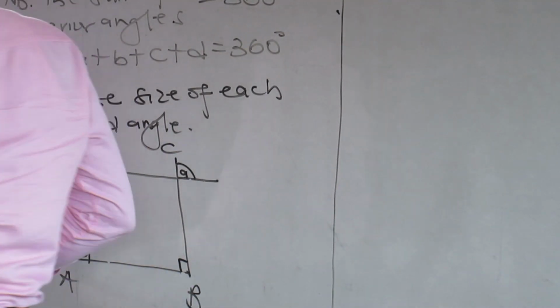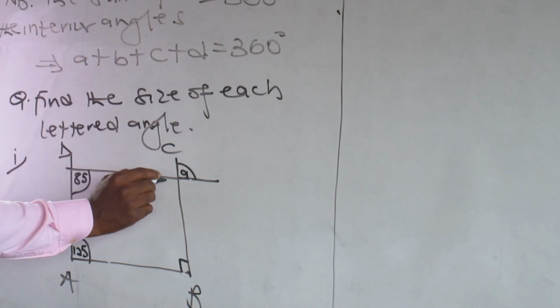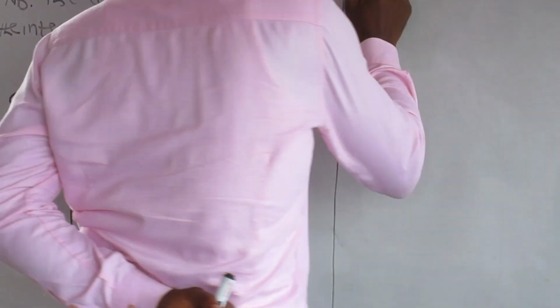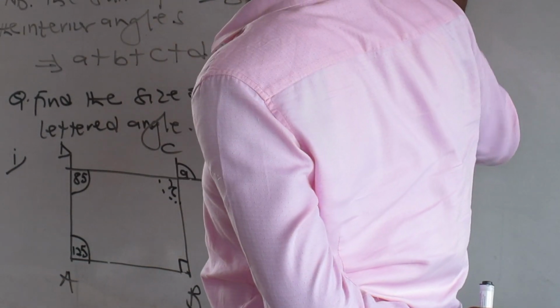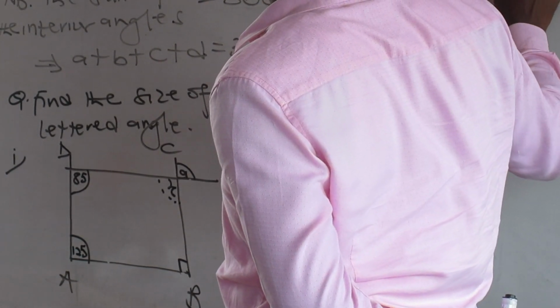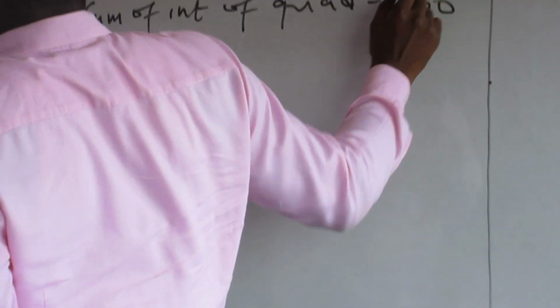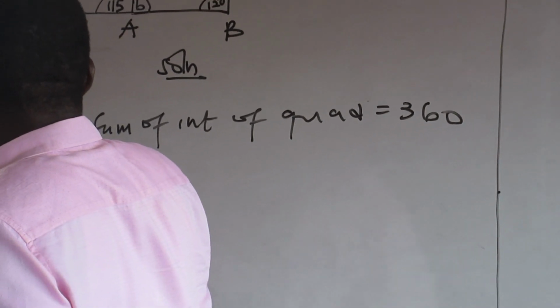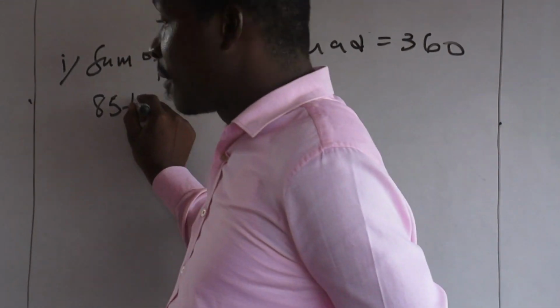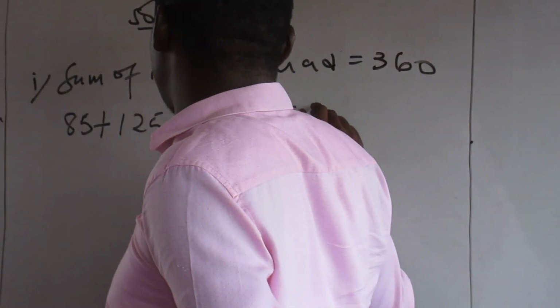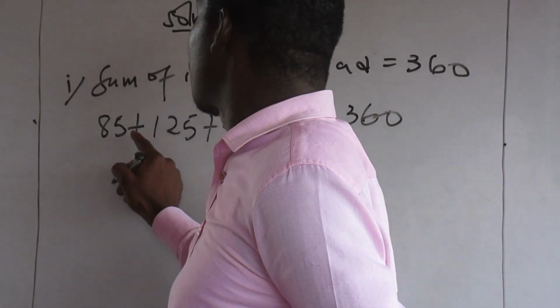Welcome to geometry. Now let's go. I can fix X here. So the sum of interior angles of a quadrilateral adds up to 360. Now 85 plus 125 plus 90 plus X equals what? 360.